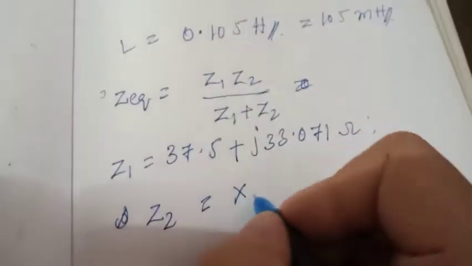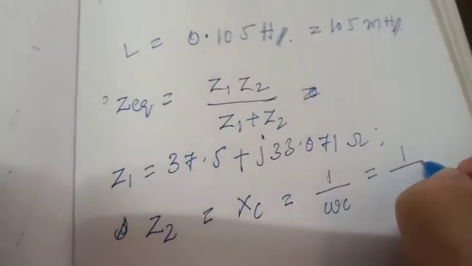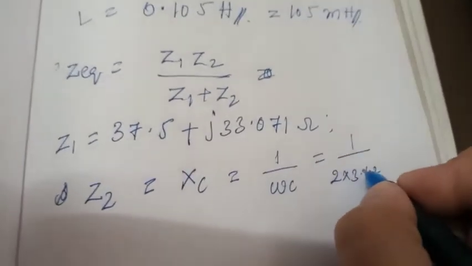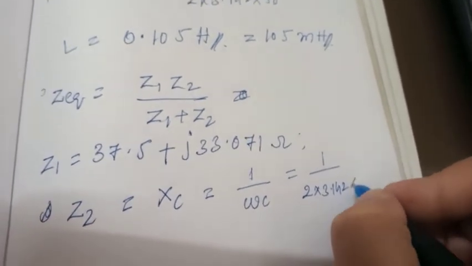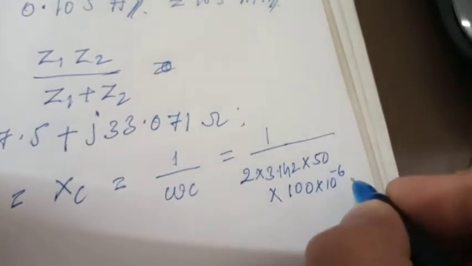XC is given by 1 by omega C. So 1 divided by 2 into 3.142 into F, which is 50 (2 pi F is omega), into C. What is the value of the capacitance? The capacitance value is 100 microfarad, so 100 into 10 to the power of minus 6 farad.